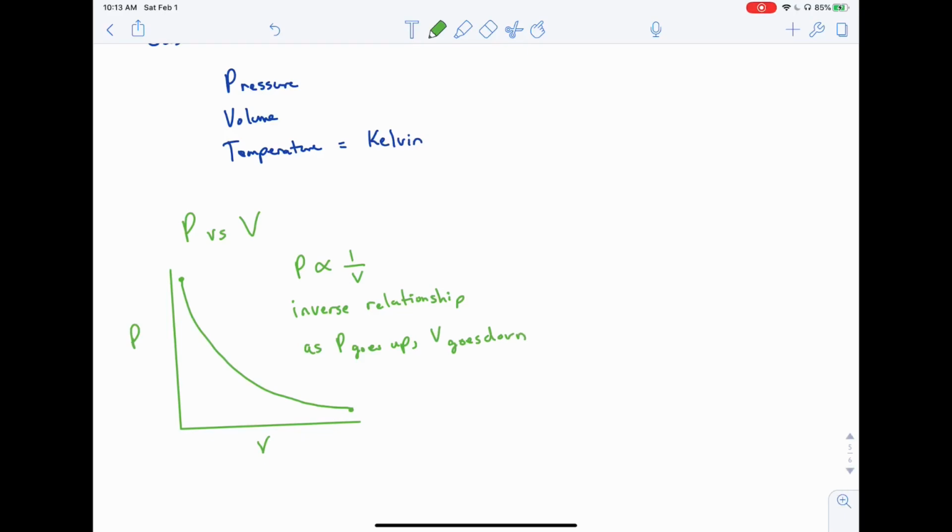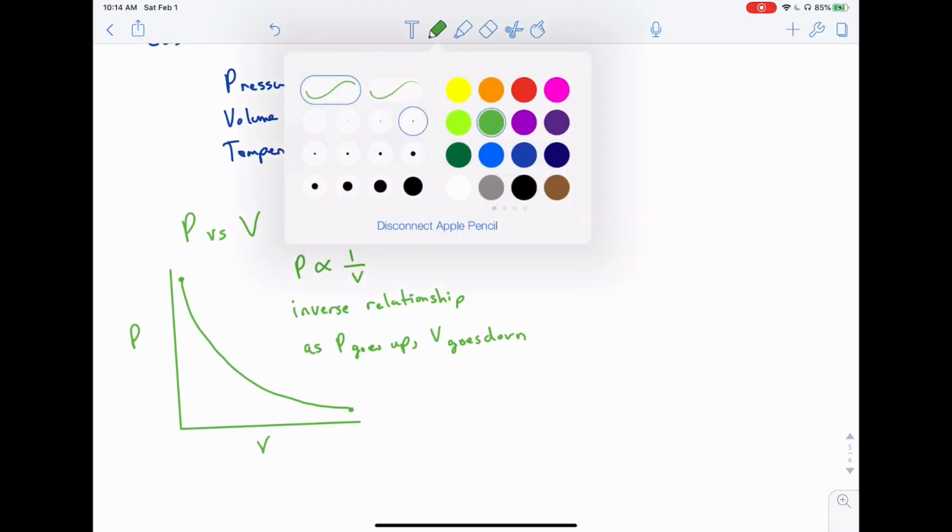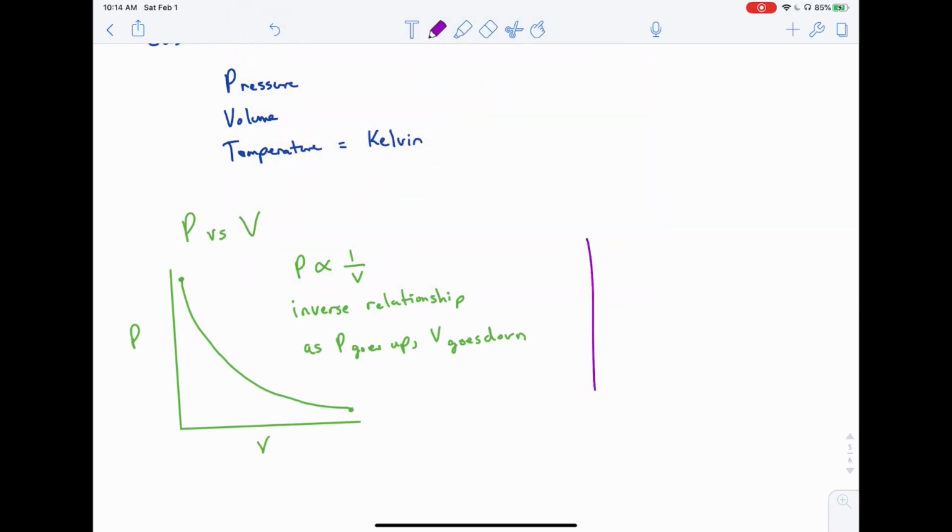That's the relationship you have here. Now, if you wanted this as a straight line, you would graph P versus 1 over V. And then you would get a linear relationship starting at the origin. So the IB likes to manipulate graphs and change axes to make sure that you understand what you're doing. And so if you graph P versus 1 over V, then you will get a straight line.